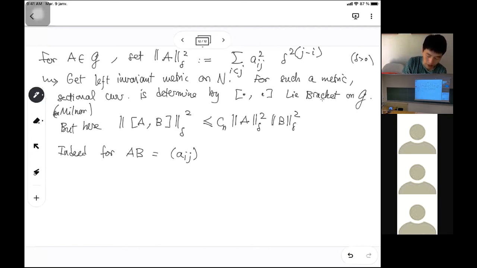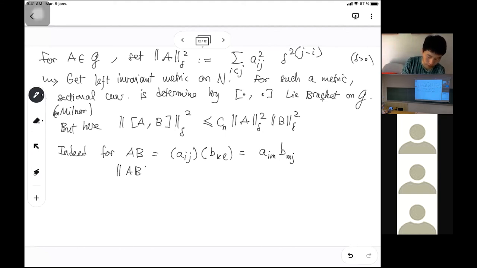AB is the product of A_ij and B_kl, and it's going to be the sum over m of A_im B_mj.